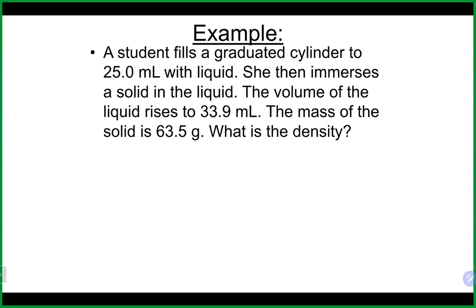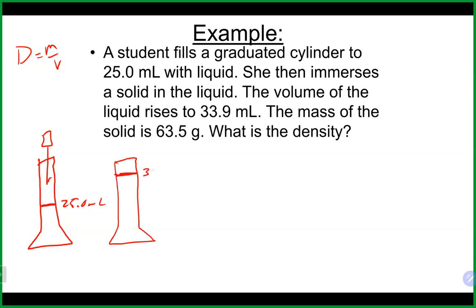Okay, let's take a look. We're still doing density here, which will be our mass divided by our volume. This is a displacement type situation. So we got something like a graduated cylinder that's at 25 milliliters. Got a solid we're going to put in for a swim there.